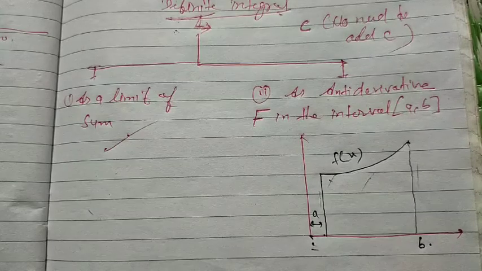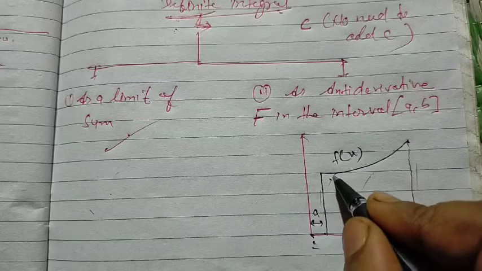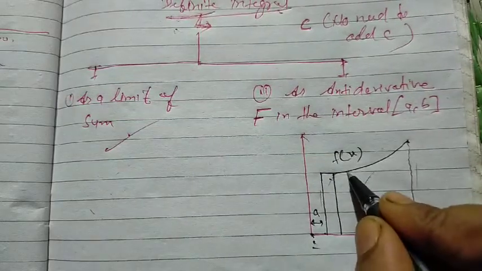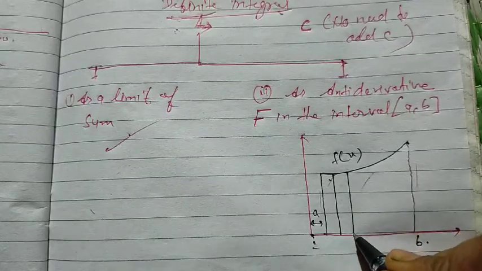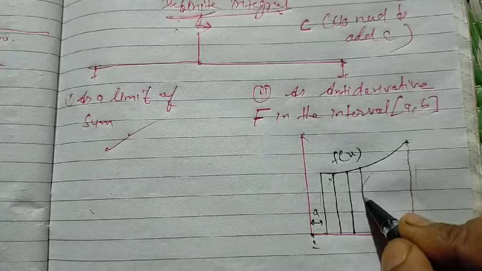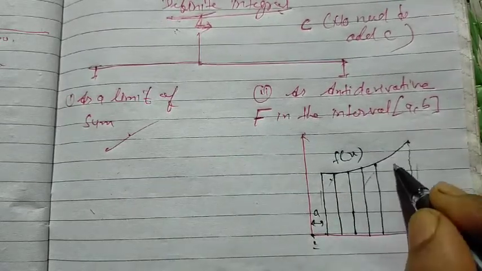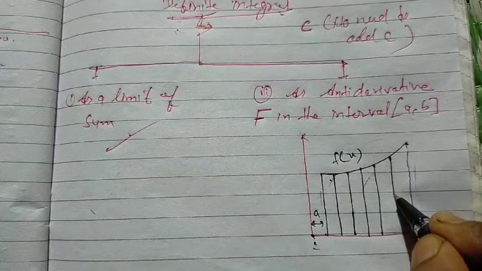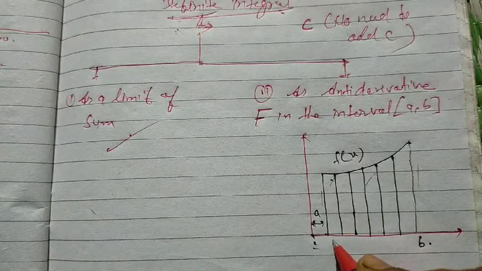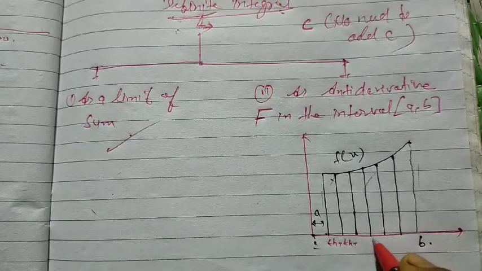So what we are going to do, we will divide this area into small equal widths. Width is going to be equal, height may vary. So everyone's width is h, everywhere h.